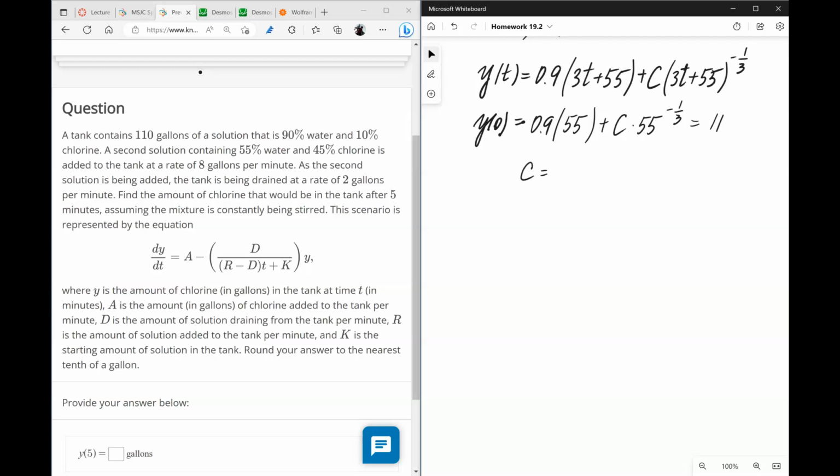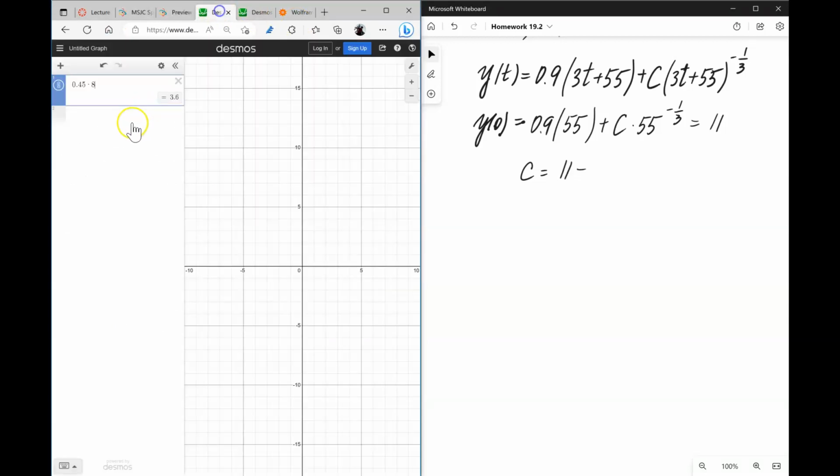So c will be equal to 11 minus, what's 0.9 times 55? Minus 49.5 times 55 to the power negative 1/3.